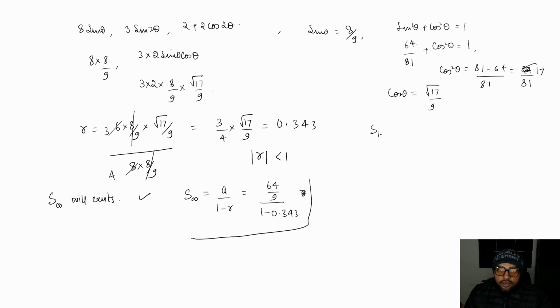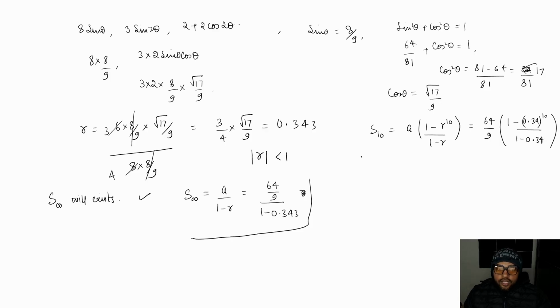For S10, the sum of the 10 terms, how do we calculate it? It is given by A times 1 negative of R raised to the power 10 upon 1 negative of R. A is 64 by 9 and 1 negative of R raised to the power 10, 0.34 raised to the power 10, upon 1 negative of 0.34.